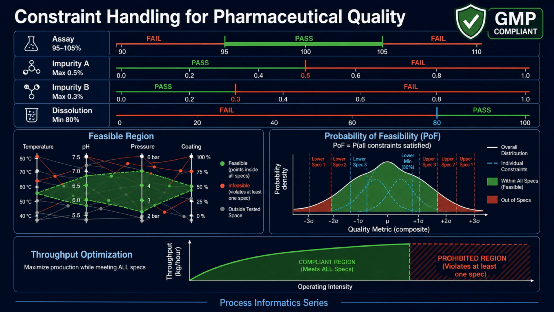The probability of feasibility approach guides exploration intelligently, preferring regions likely to meet all specifications. This constrained optimization demonstrates how Bayesian optimization can maximize production efficiency while never compromising on safety or quality requirements.